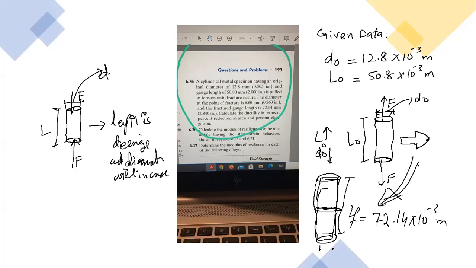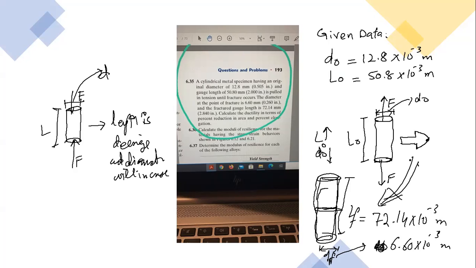And what is the final diameter? The final diameter is 6.60 millimeter, which is 6.60 into 10 raised to power minus 3 meter.